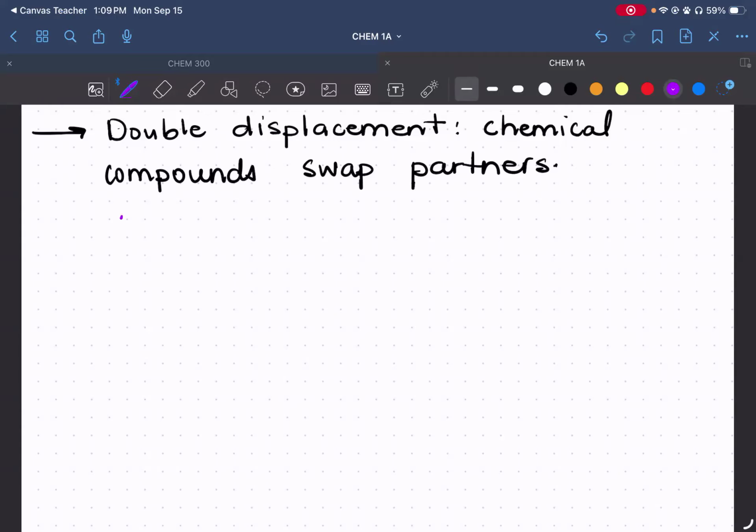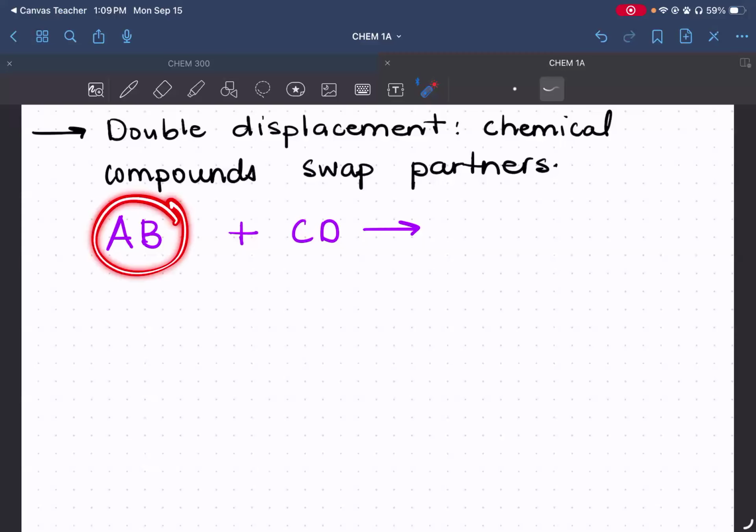It takes on the generic form AB plus CD, here representing chemical compounds. We have here the A and the B. Remember, from left to right, we know that traditionally the left is the cation, the right is the anion. So in a chemical compound AB, we know that it's comprised of A plus and B minus.